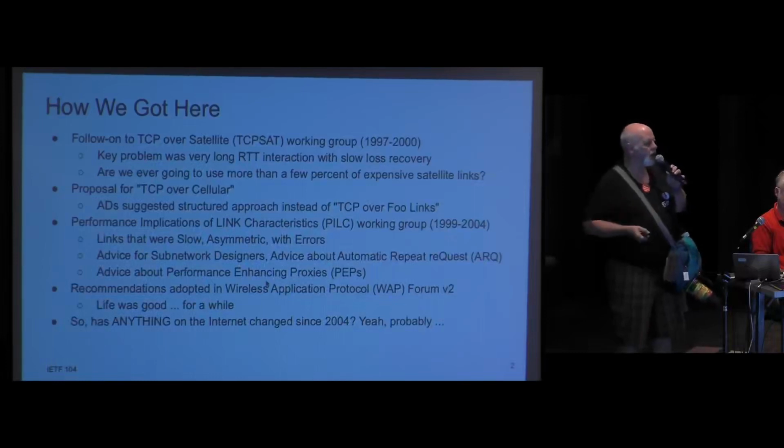Aaron and I co-chaired the PILC working group 1999 to 2004, and we had specific recommendations that we issued as BCPs, most of them, for specific link characteristics. And that was adopted actually by Web Forum version 2. Life was good for a while.